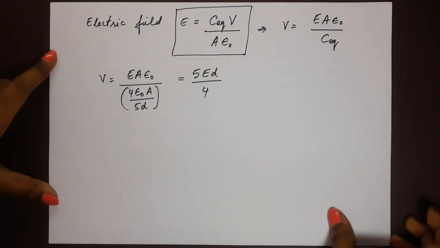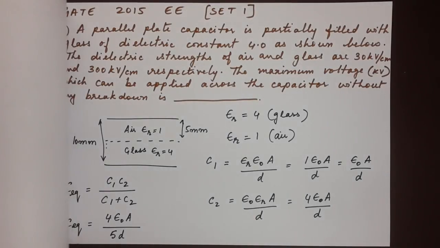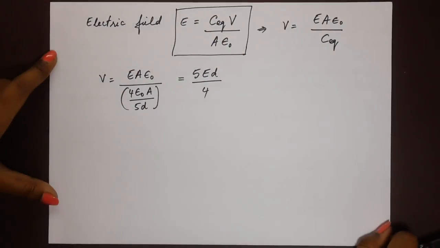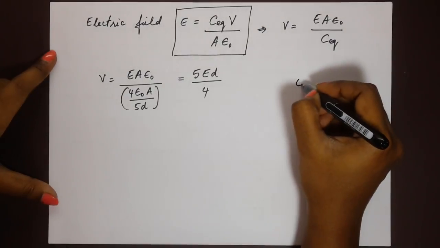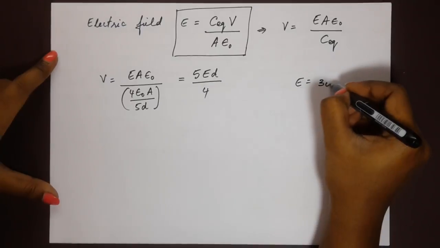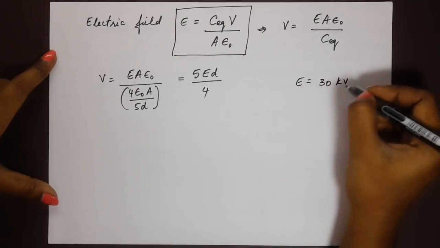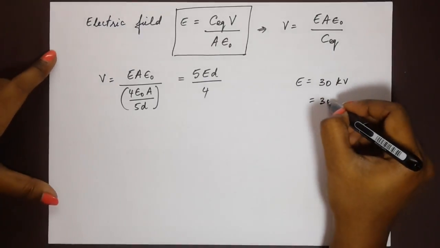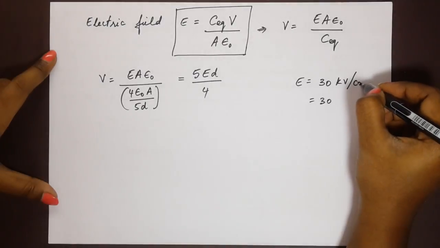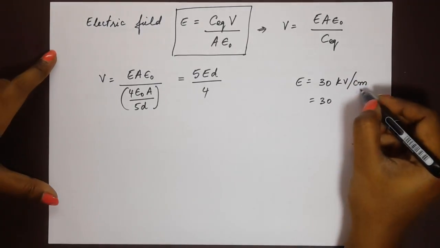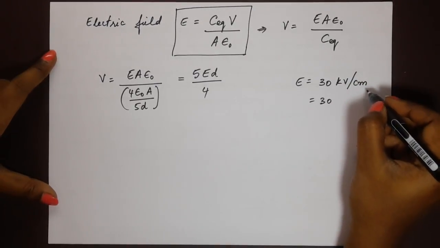Now the question tells us to find the maximum voltage which can be applied across the capacitor. So here we will have to substitute the values for D and E. So E is given as 30 kilovolts per centimeter. We will have to be careful here. We have to write it in terms of meters.